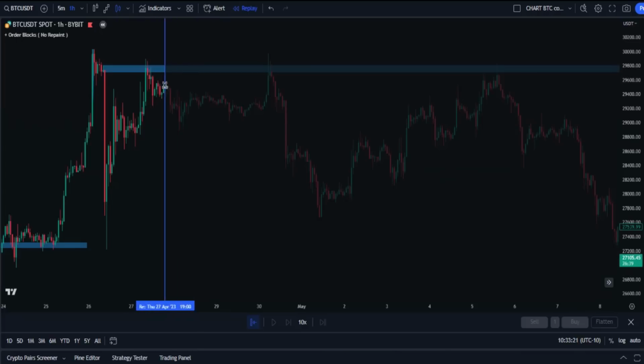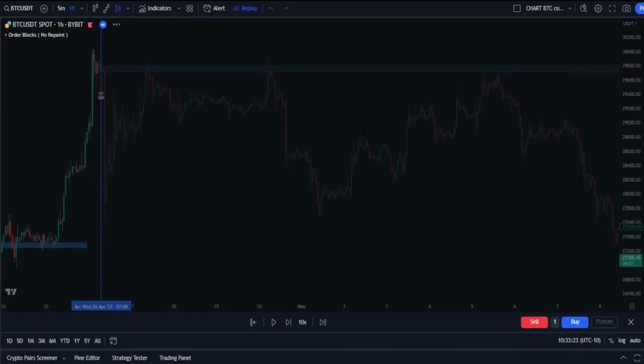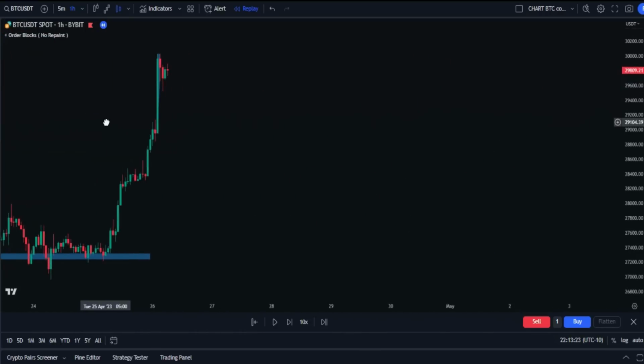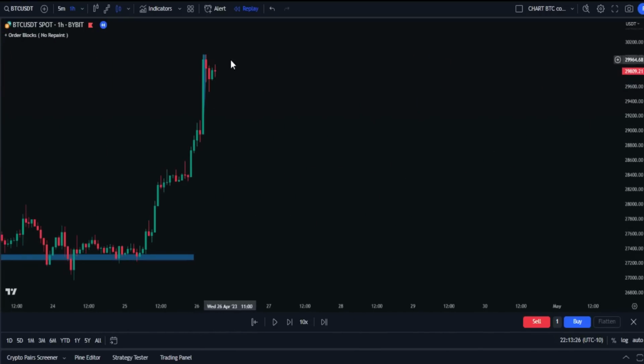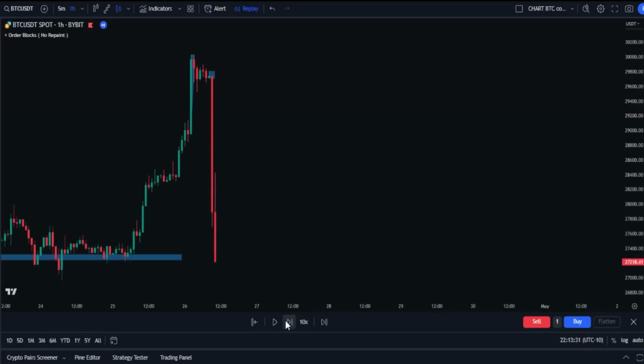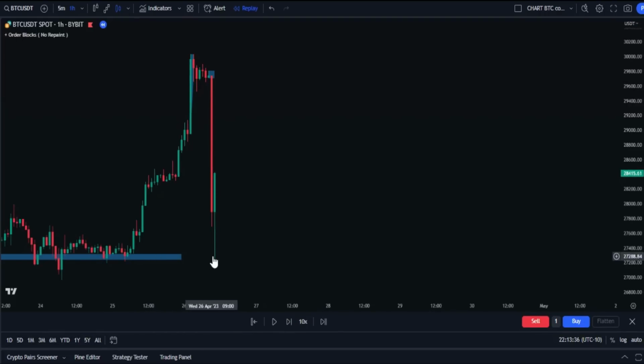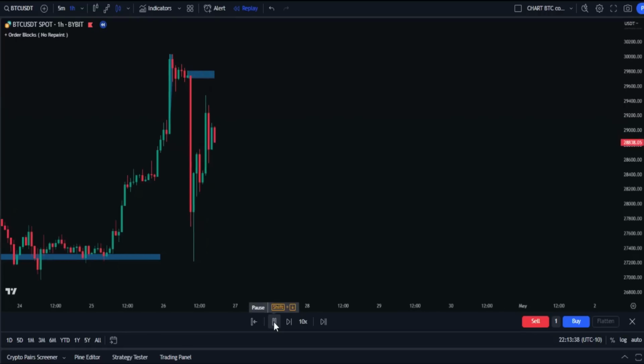But all this remains difficult to understand unless we use the play tool to go back in time. Well, let's say we were trading somewhere here. Here we see that the rebound was fast from the order block area because the buy orders here were of high values.